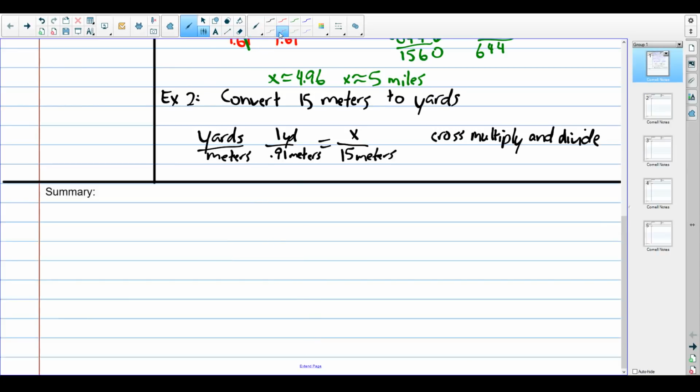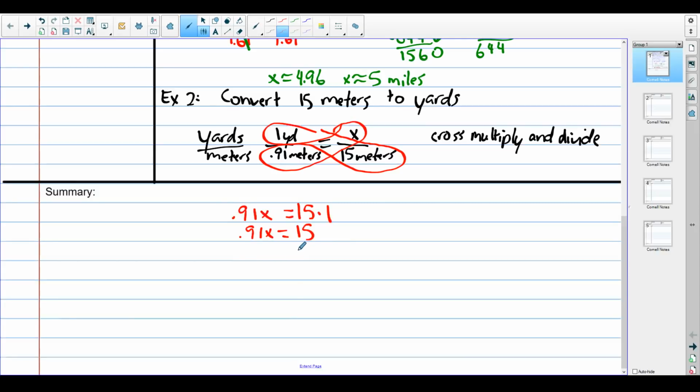So if we cross multiply, I'll circle it this time. So we have 15 times 1 on one side and 0.91x on the other. 0.91x we can't do anything with. 15 times 1 is just 15.